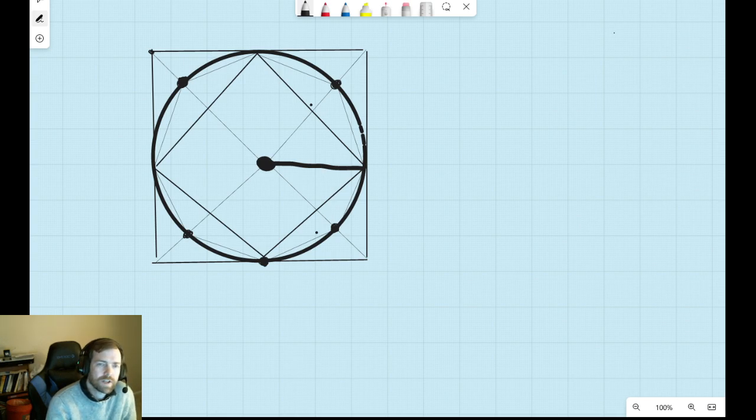Right, so now we have an inscribed octagon. Now to get the outer one, I think it's a little more tricky, because basically you have to draw the tangents at each of these points, and then just connect the dots between all the tangents.